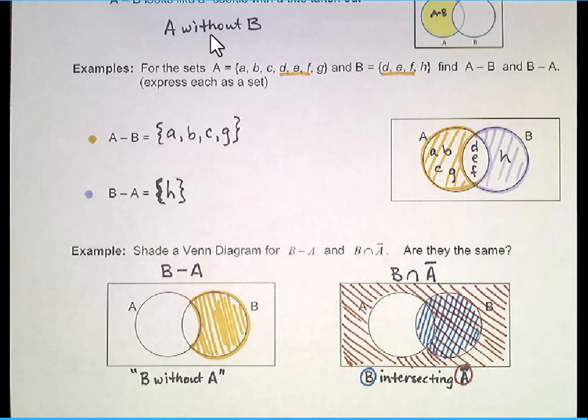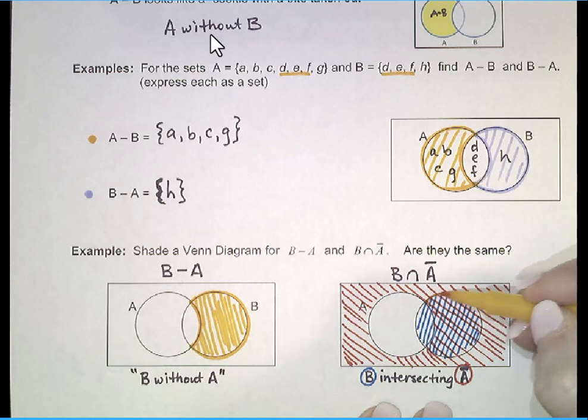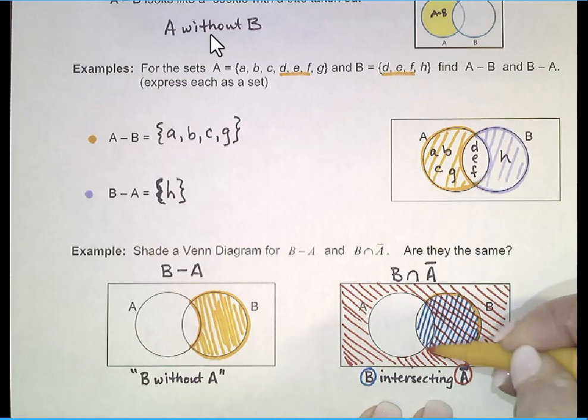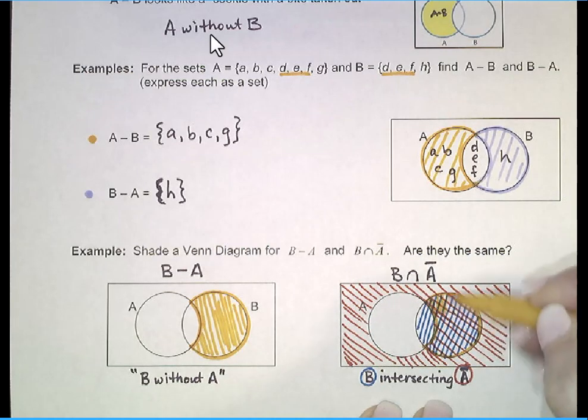Then what you do is you look to see where you have double shading, where you have this cross-hatching. Where does the blue that I drew intersect the red that I drew? And where the blue and the red intersect is right here. They just intersect right here.